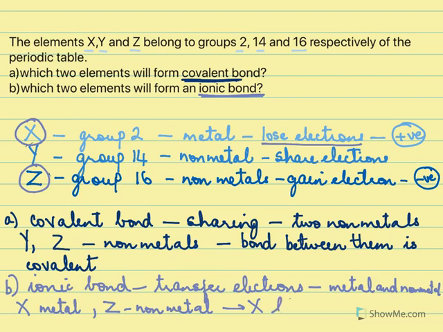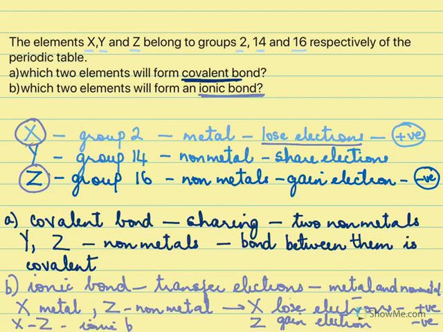X loses electrons and forms a positive ion, and Z gains electrons and forms a negative ion. So between X and Z there will be an ionic bond. Now why not between X and Y? Remember, Y belongs to group 14, like the example of carbon, and these always form covalent bonds, not ionic.